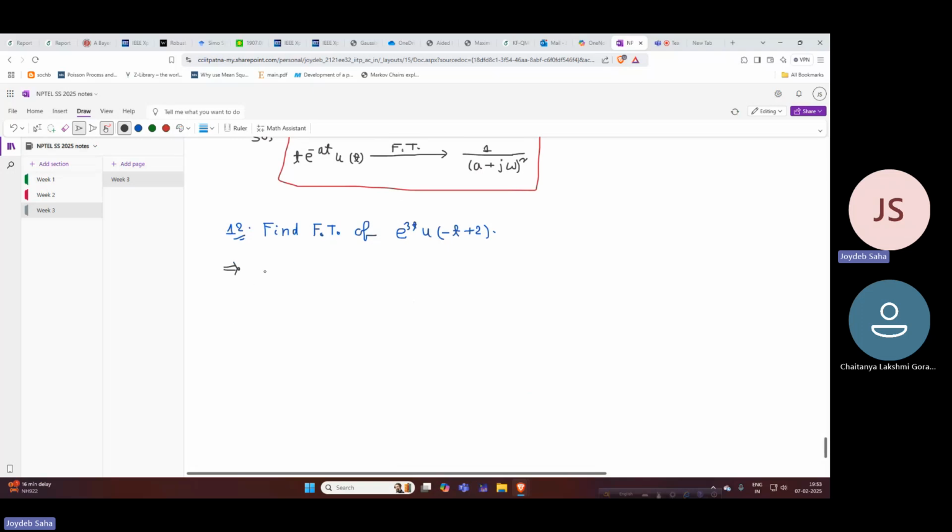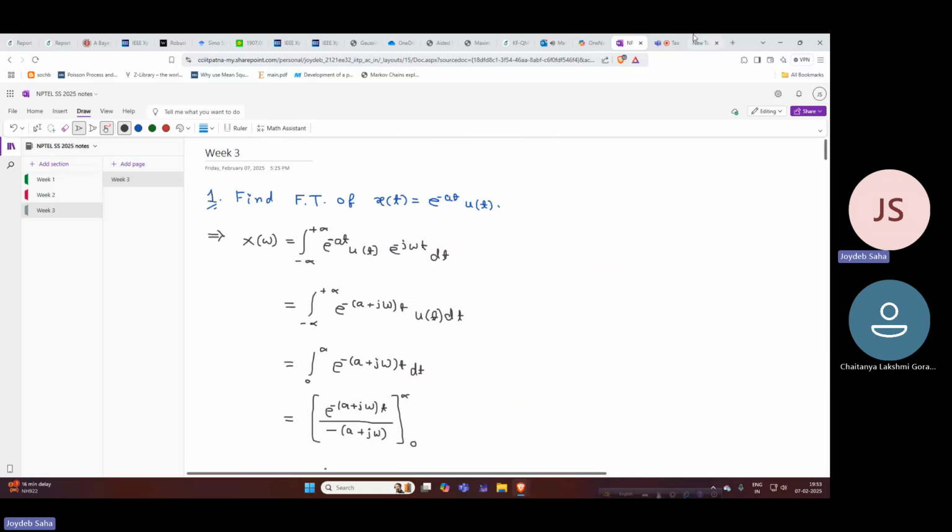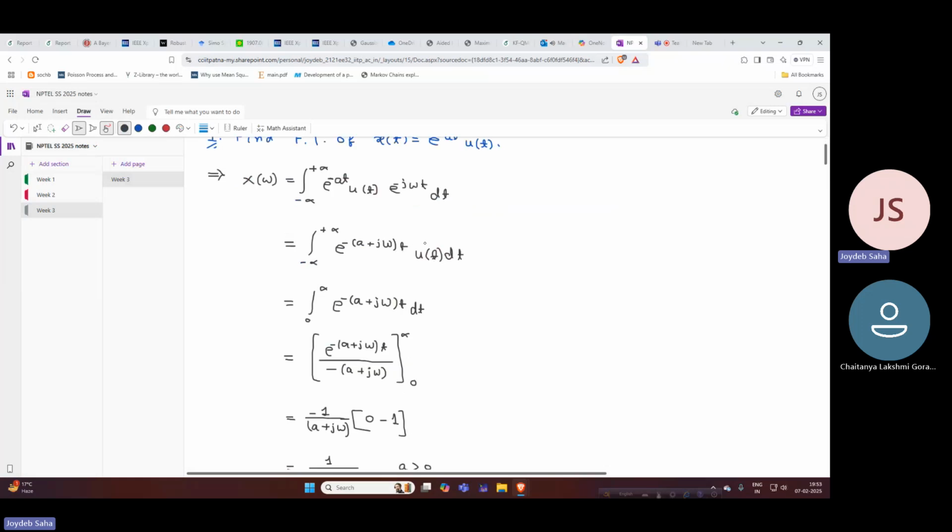We know that e to the power minus at u(t), again the same thing, its Fourier transform is 1 divided by (a plus j omega). Okay, how are we getting this? We have solved that in the first question here.